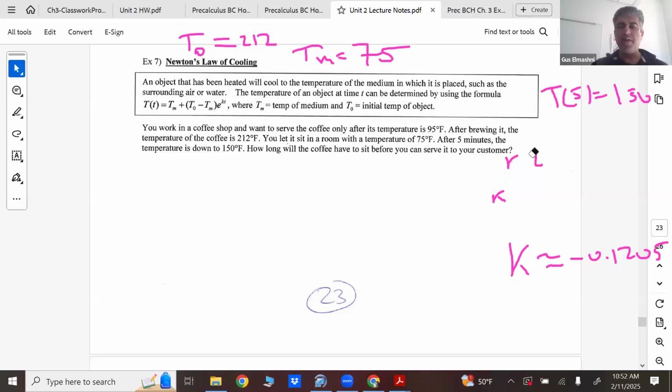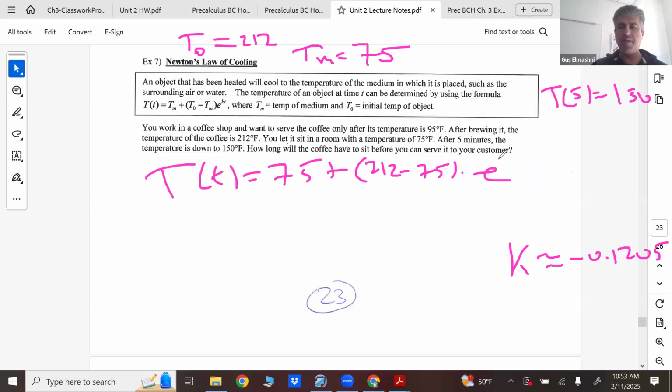Now I'm not done yet, because now you have to do this. I'm going to replace the T of t with 95 and solve for little t.